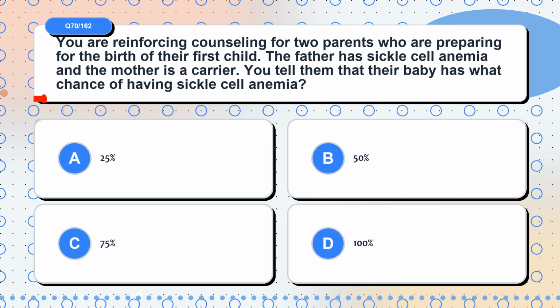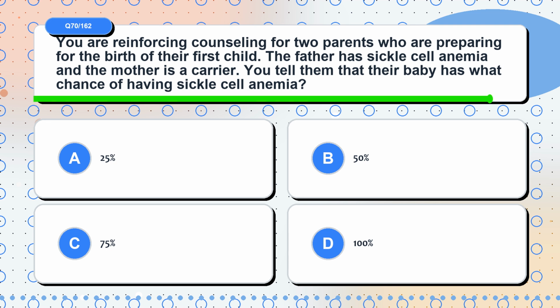Question 70. You are reinforcing counseling for 2 parents who are preparing for the birth of their first child. The father has sickle cell anemia and the mother is a carrier. You tell them that their baby has what chance of having sickle cell anemia? Option A. 25%. Option B. 50%. Option C. 75%.